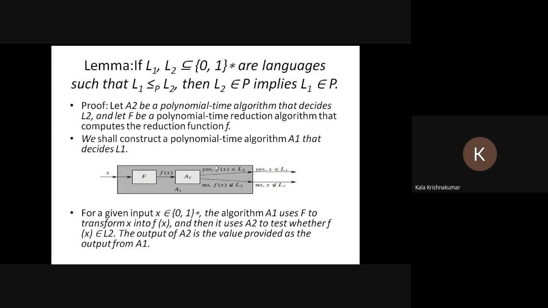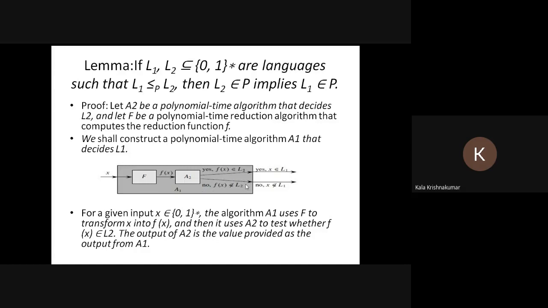And when you get the answer for this L2, you can use that as the output of your original problem L1. Okay, so x is the input, a string from this L1, that is converted into f of x. Okay, then you are giving that to this A2. A2 will decide L2, and this will output yes or no.